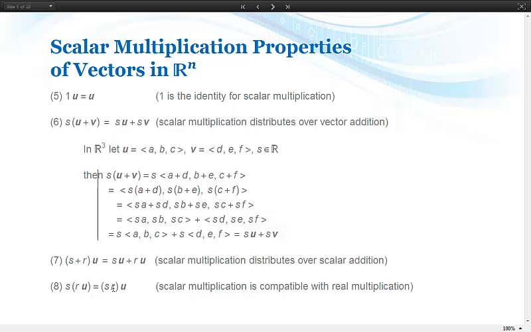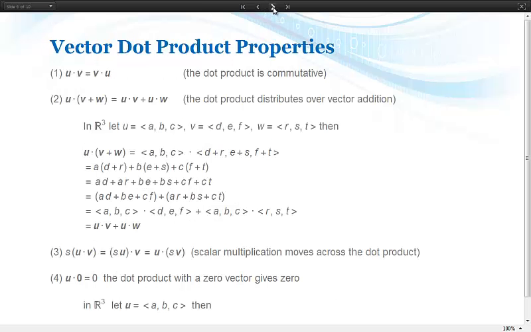Here the multiplication is the multiplication of real numbers, not scalar times vector. So I multiply s times r and then take that product and multiply it by u. I get the same answer. This set of properties really helps us to see what operations we can do when we're doing vector arithmetic and vector algebra.